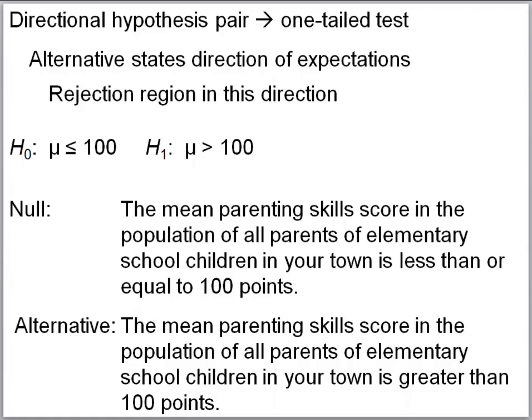Okay, so in the last video we got a look at the implications of using the 0.01 level rather than the 0.05 level. So now we need to explore what directional hypothesis pairs yield for us.